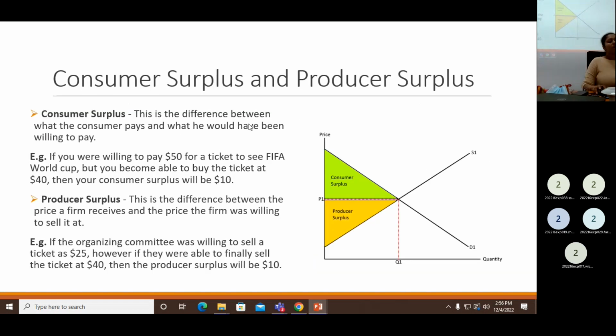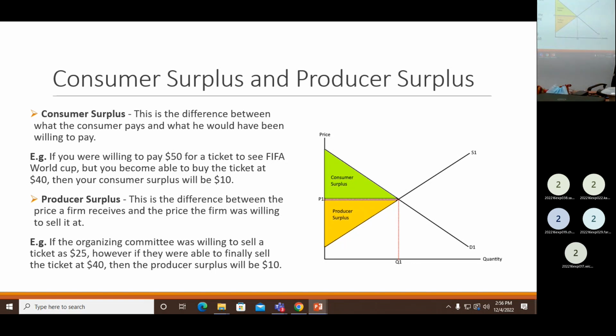Now we will talk about another concept which comes in with regards to this elasticity and demand and supply, which is called consumer surplus and producer surplus. Have you come across this terminology before?